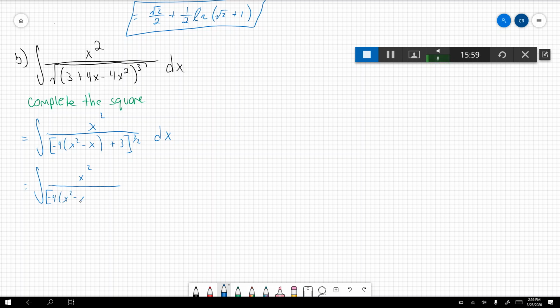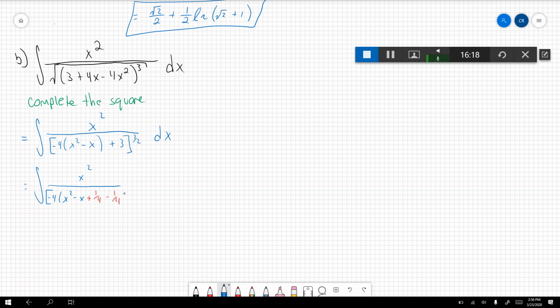Therefore, we get x squared minus x, and here is what we are adding in. Let me go in red here, we're adding in positive 1/4 and negative 1/4.